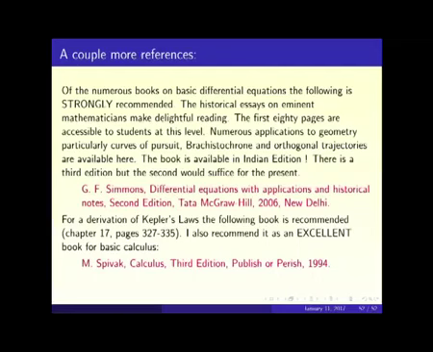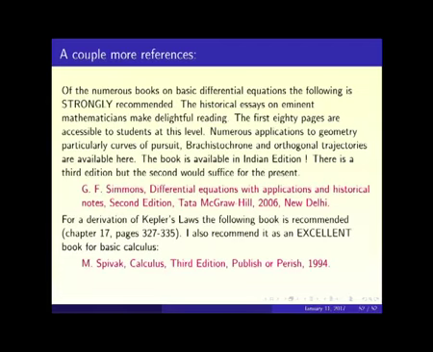And I've given you many references, and I'll give you two more references. The first reference is a very beautiful book by G.F. Simmons, Differential Equations with Applications and Historical Notes. The second edition is what I'm referring to. It's published by Tata McGraw-Hill. The third edition has also come out, but the second edition will suffice for our purposes. This is a very good book.